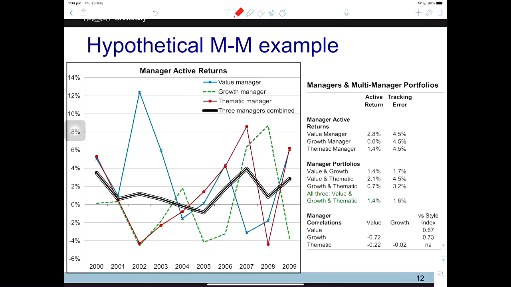So here we have a hypothetical study of 3 managers: a value manager, a growth manager, and a thematic manager. If you give the total equity allocation to one of these managers, you're going to generate an excess return of 2.8% for the value manager and 0% for the growth manager, unfortunately, over that period, and 1.4% for the manager who trades over themes, so whatever is hot in the market.